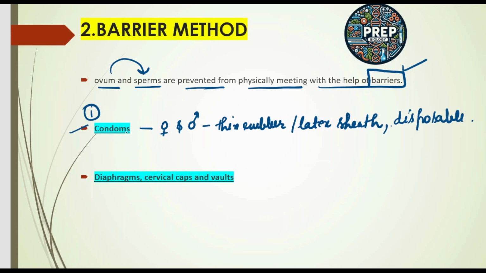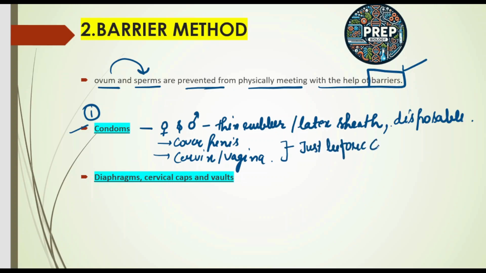In males, with the help of the condoms, the males cover the penis, and females cover the cervix or vagina, just before the coitus.